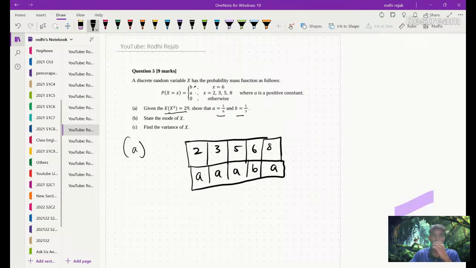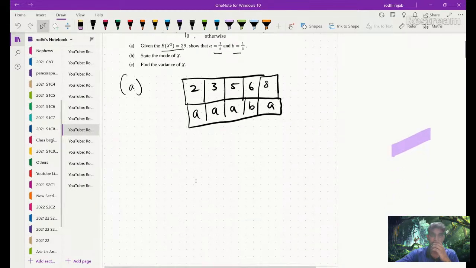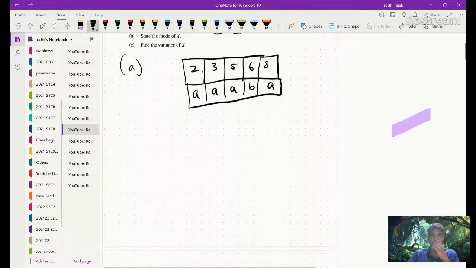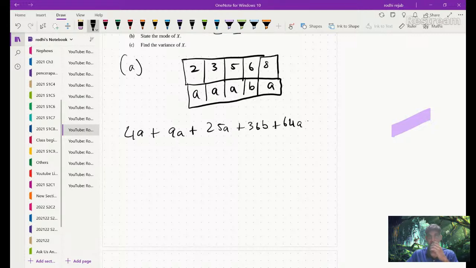So given that E(X²) is equal to 29, we can write the equation: 2 squared is 4, so 4a plus 3 squared, 9a, plus 5 squared, 25a, plus 6 squared, 36b, plus 8 squared, 64a equals 29.